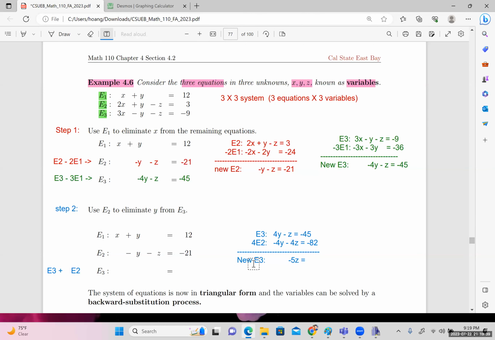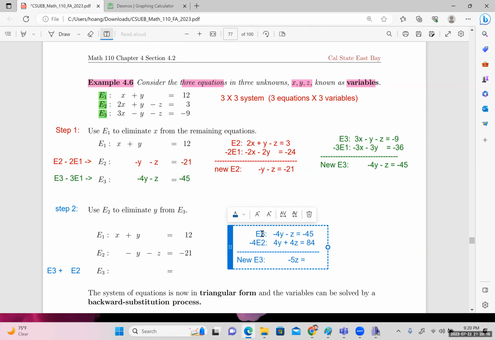So this should be negative 4, and that means I have to multiply by negative 4 in this case, so I can get negative 4y here, and it changes to plus 4z. And this will be 21 times 4 is 84, right? Okay, good.